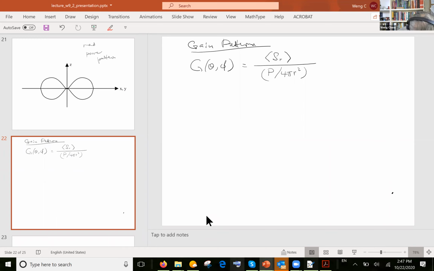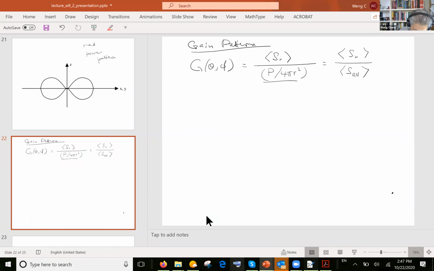So this is like the isotropic radiation pattern. So it would be S_r over S average. You take the power and assume that it's radiating isotropically in all directions.